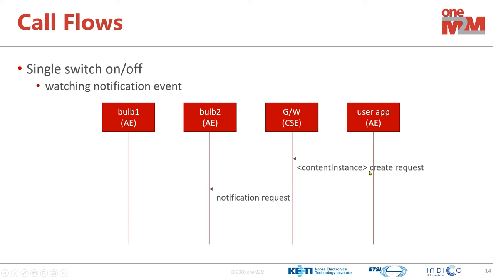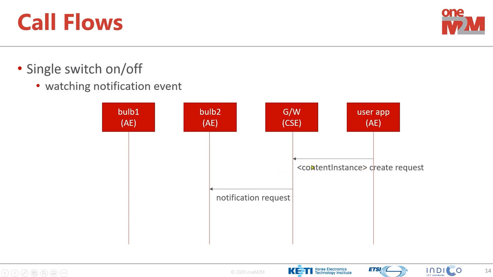And to switch the light bulb on and off individually, the user application creates a content instance, because that is the assumption. And we already created the subscription to lightbulb 1's and, of course, lightbulb 2's command container, for example.